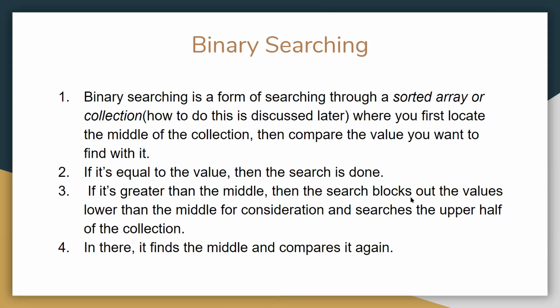Binary searching. So this one's the slightly harder version, depending on how you look at it. Binary searching is a form of searching through a sorted array or collection. How we get the sorted array or collection is something discussed later, specifically next lesson.